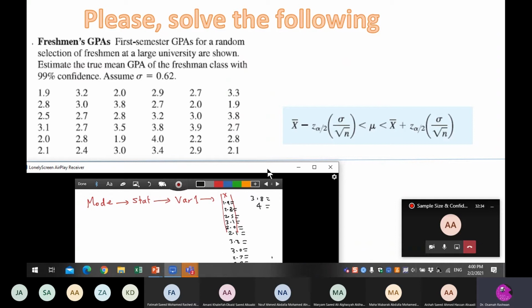I stopped at 3.2. Then 3.8, 4.0 equal, 3.4, 2.7, 2.3, 3.9, 2.2, 2.9, 3.3, 1.9, 3.8, 2.7, 2.8, 2.1.